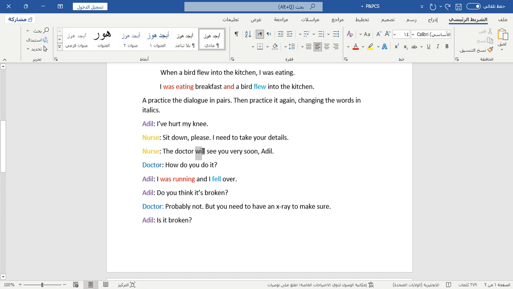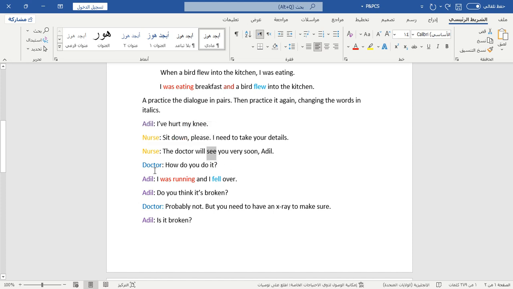Well, in the future tense, the verb after will is in infinitive form because it's followed by will, the auxiliary verb, referring to the future. Here see is the main verb because there is just one verb in the sentence. Well, okay. Sorry. Will is the helping verb. The main verb is see.